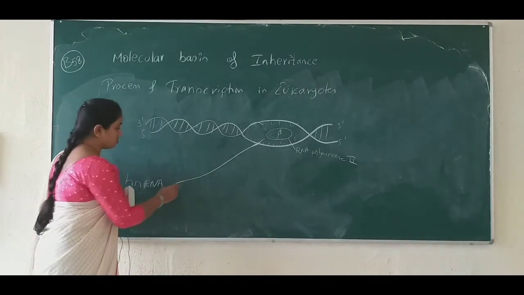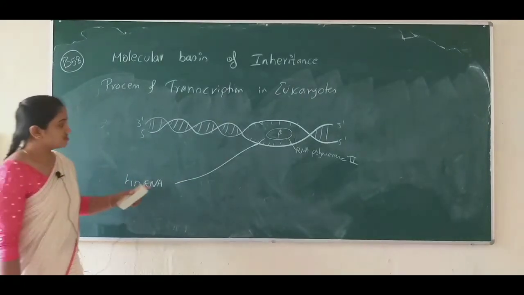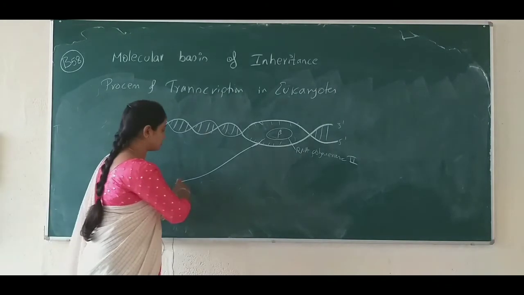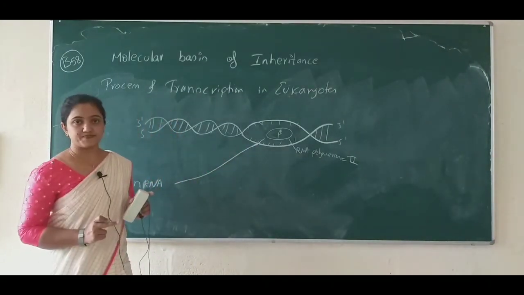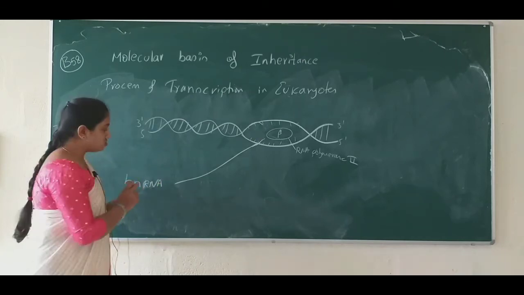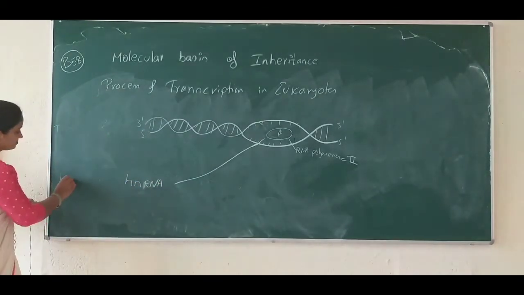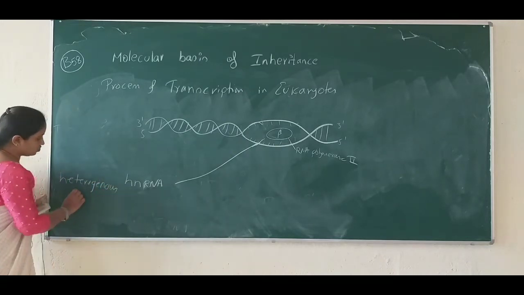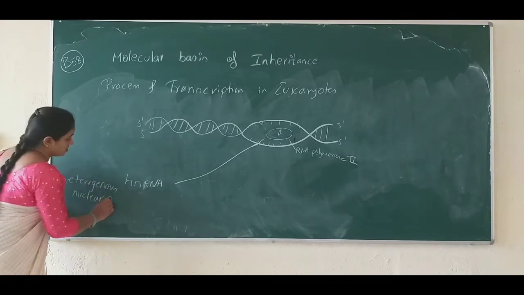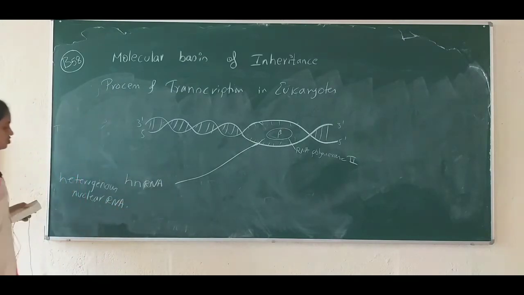Okay, so the first thing is you just learn this strand. This is the hnRNA, heterogeneous nuclear RNA, heterogeneous nuclear ribonucleic acid.